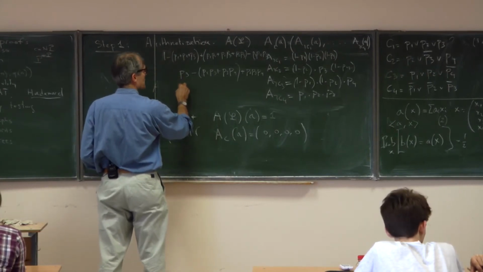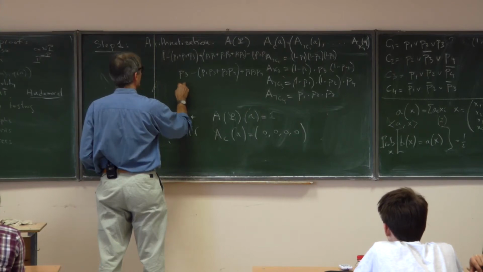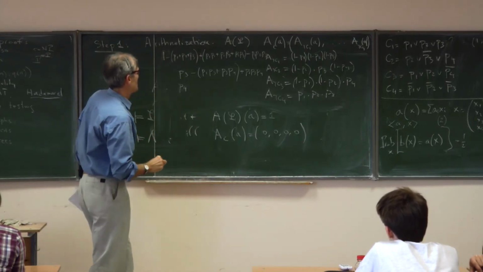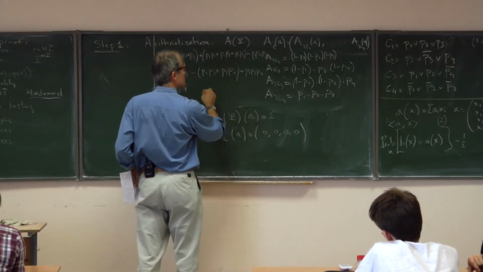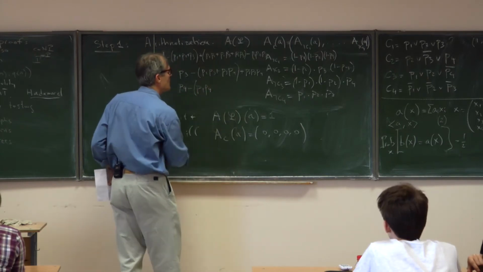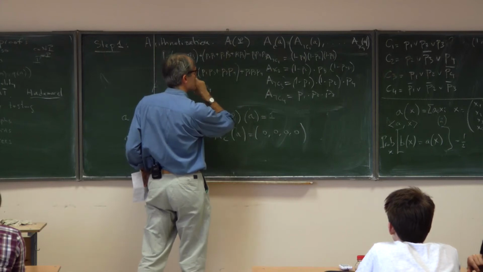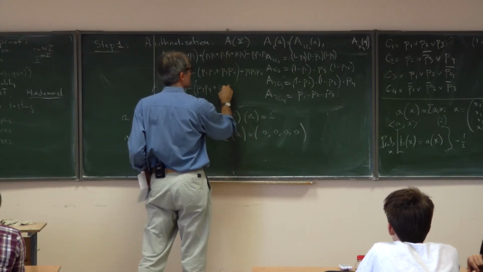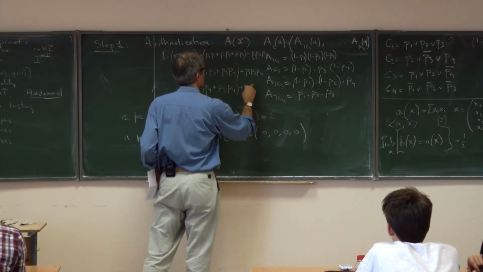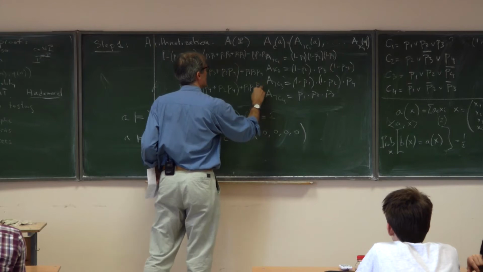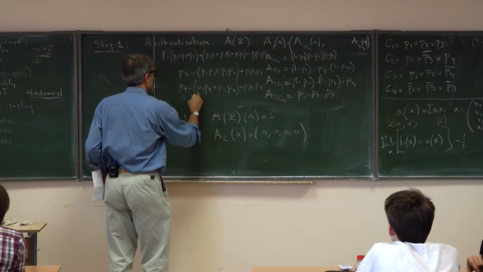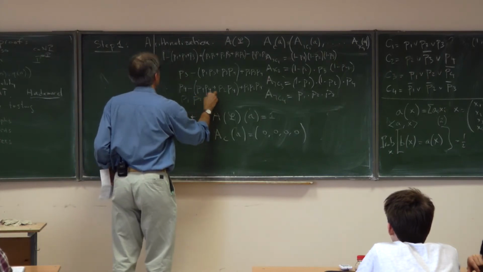So okay, now the third one is P4. So now the constant is 0. P4 minus P1 P4 plus P2 P4 plus P1 P2 P4. And the last one is P1 P2 P3.